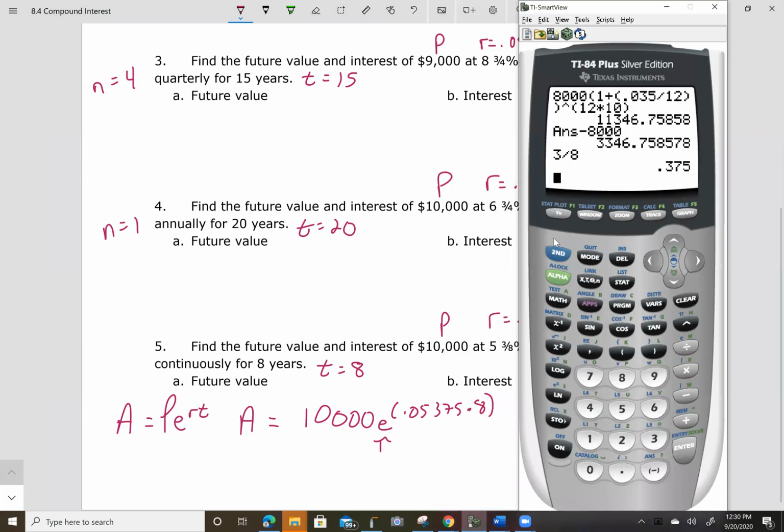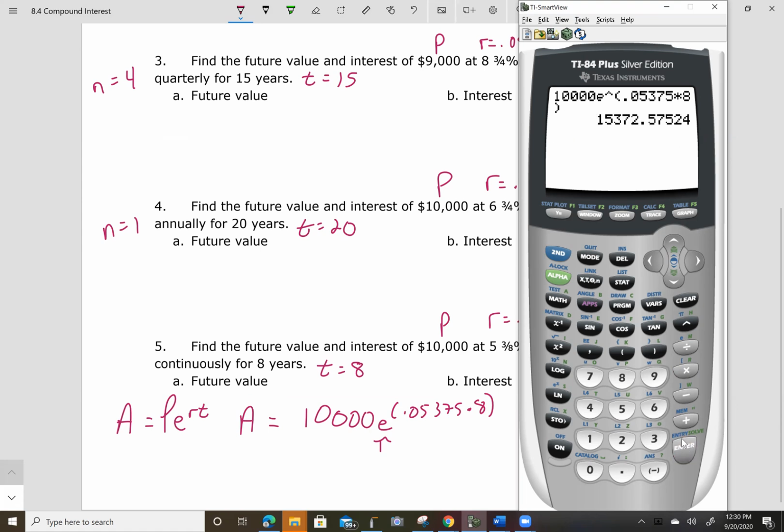I know I pronounce that funny. So 10,000 times e, so second dividing sign, to the power, and then parenthesis, because these are both an exponent, 0.05375 times 8. If your calculator automatically puts it up at the top, as long as both of those numbers are raised, you don't have to use the parenthesis.